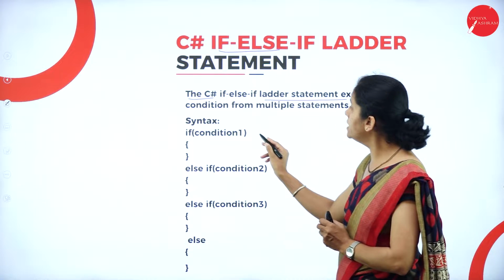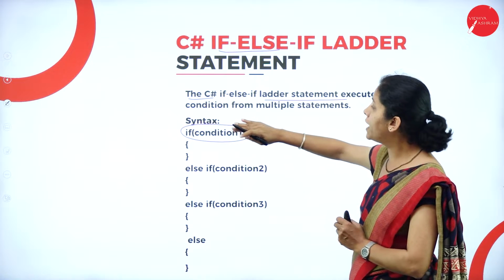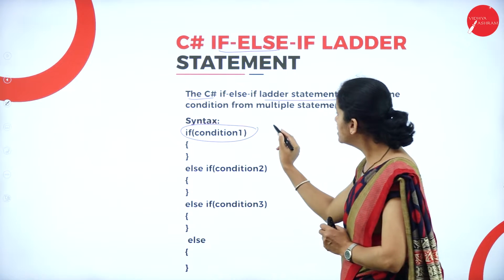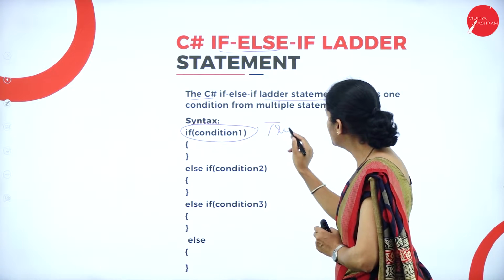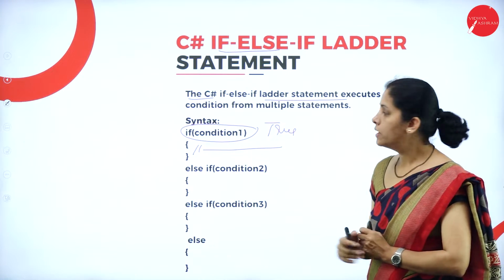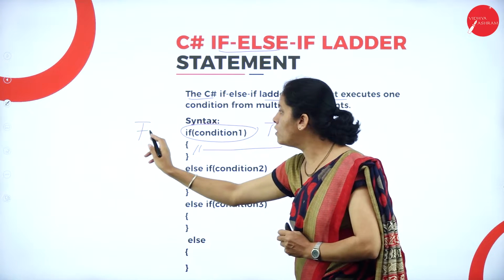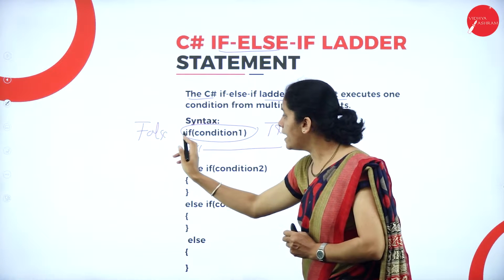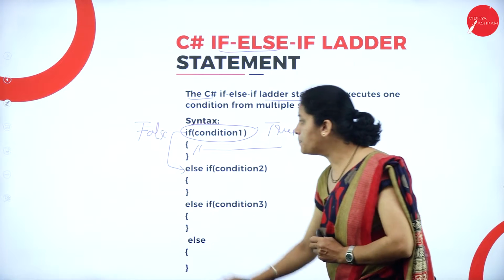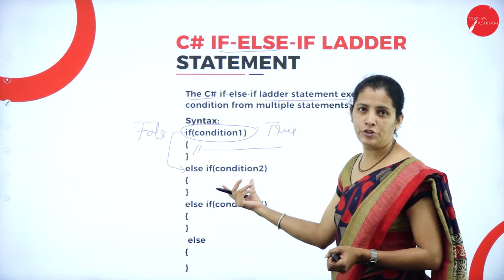So dear student, at the beginning I am going to have the if condition. If this condition is true, I'm going to have this set of statements. Now, if this condition is false, then in my else part, once again I'm going to check the condition.